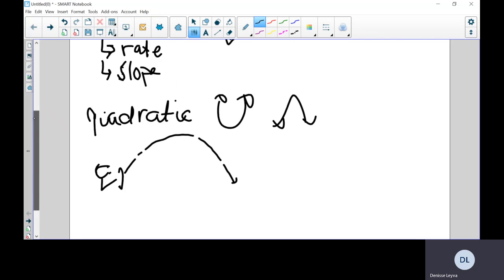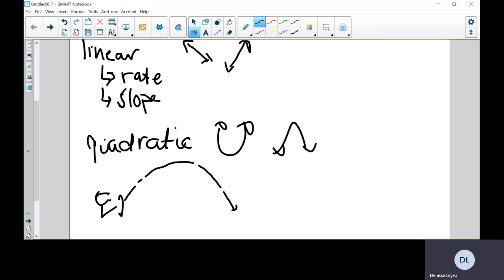Whereas for linear, linear is stating that it's going to keep going up forever. You can't throw a ball, no one throws a ball and it doesn't come back. It will eventually go down. So when we talk about problems like that, or we kick a soccer ball, we kick a football, it goes up and then eventually it goes down. So look for that in terms of quadratic functions.